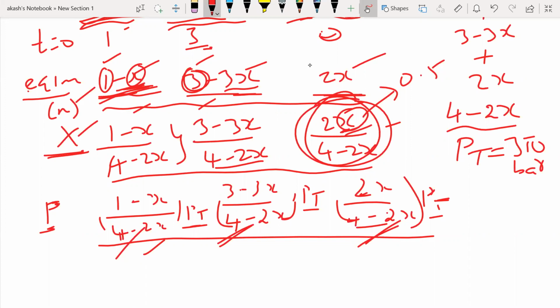So you convert moles into mole fraction, and then use that equation to find the partial pressures of all the components, not only for this question, any question for that matter. And then you go find the Kp. Somehow they'll give you this X value, how much is reacting, so you don't have to worry about that.